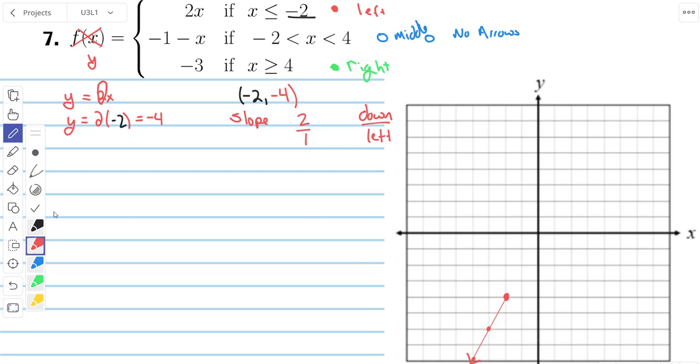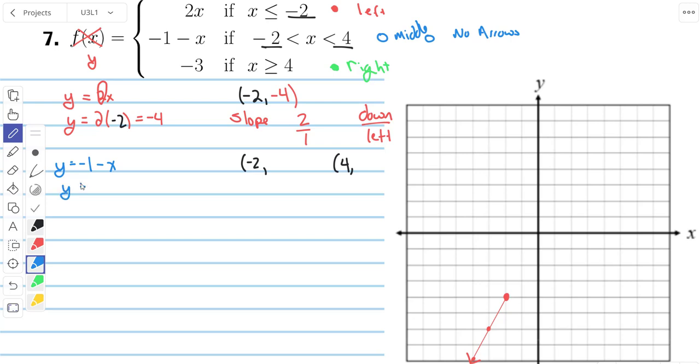So now, when I'm looking at graphing my blue line, there are 2 ordered pairs I need to look out for. I need to figure out what's happening at -2 and what's happening at 4. So you have to do both of these numbers. And so y is equal to -1 minus x is what I'm using.